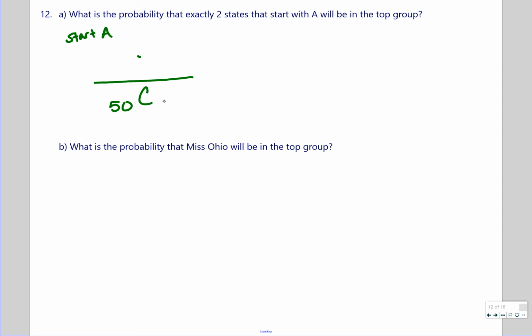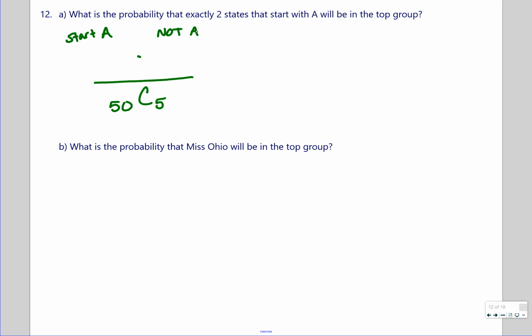We're going to choose 2 on the top in a minute. There are 5 people in the top group. We're looking for 2 of them to start with the letter A, and 3 of them not to. Does that make sense? It's like my football team with offensive and defensive, except now my football team is made up of pageant contestants: those who start with A and those who do not.